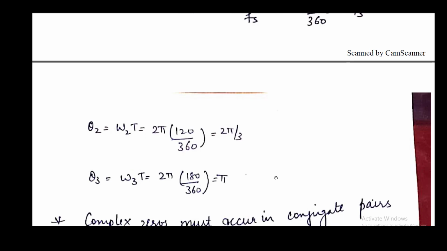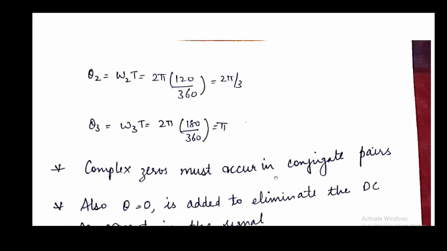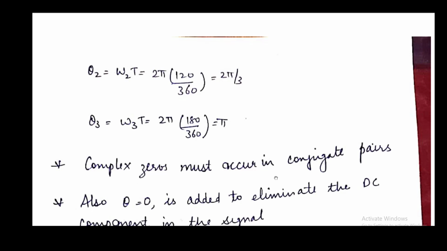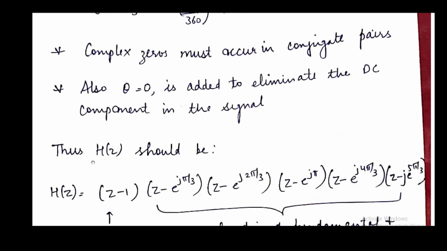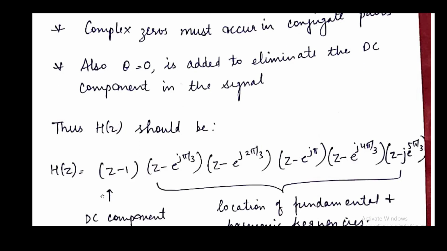So complex zeros must occur in conjugate pairs, and we can also include one more at theta equal to 0, which will eliminate the DC component in the signal. So if you frame the equation and calculate the exact poles and zeros, by taking zeros, we have this H(z). One we have at z equal to 1, which corresponds to theta 0, that is the DC component.